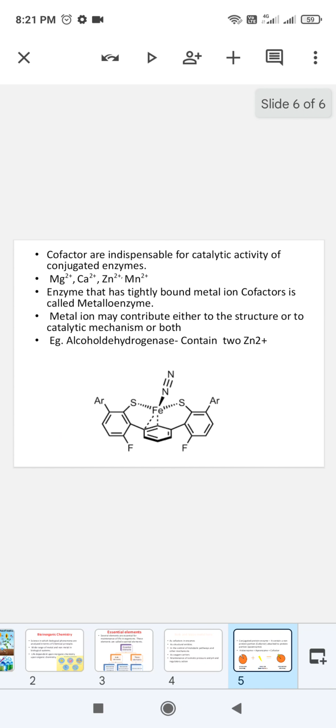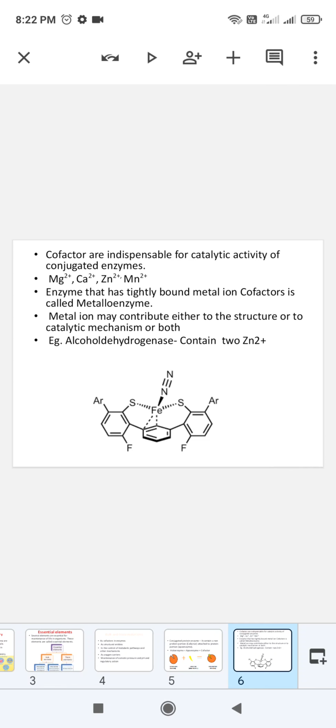Okay. Now a cofactor is independent and essential for the catalytic activity of the conjugated enzyme, for example Mg2+, Ca2+, Zn, etc. But the enzyme which is tightly bound with a metal ion cofactor is called a metalloenzyme, and the metal ion in the enzyme contributes towards the structure or catalytic activity or both.